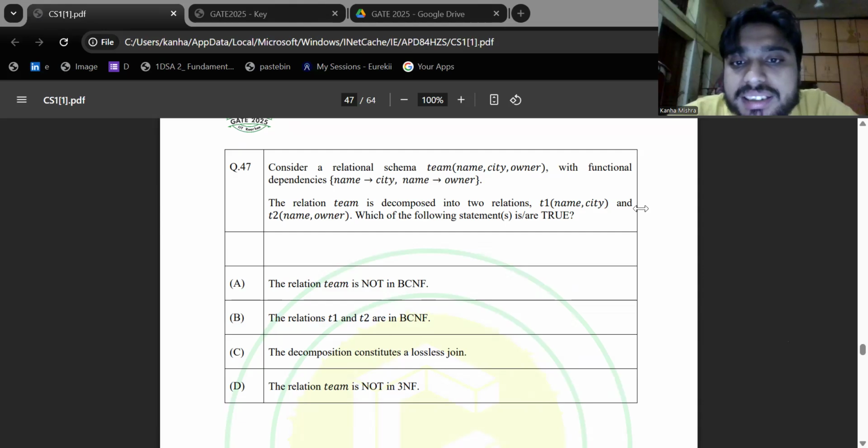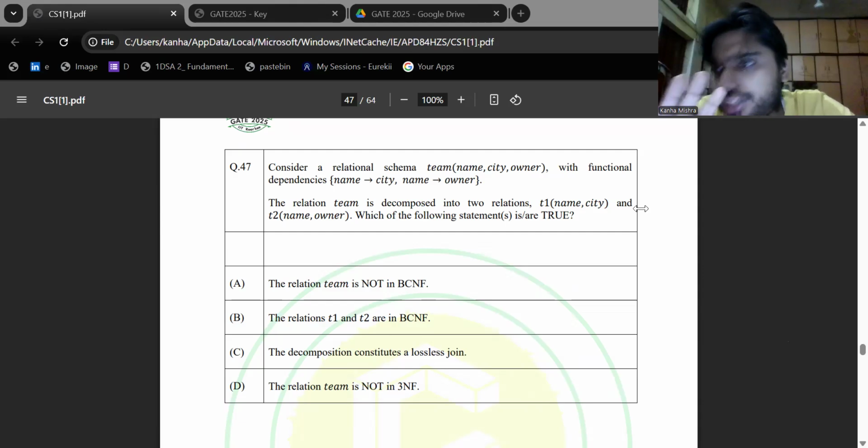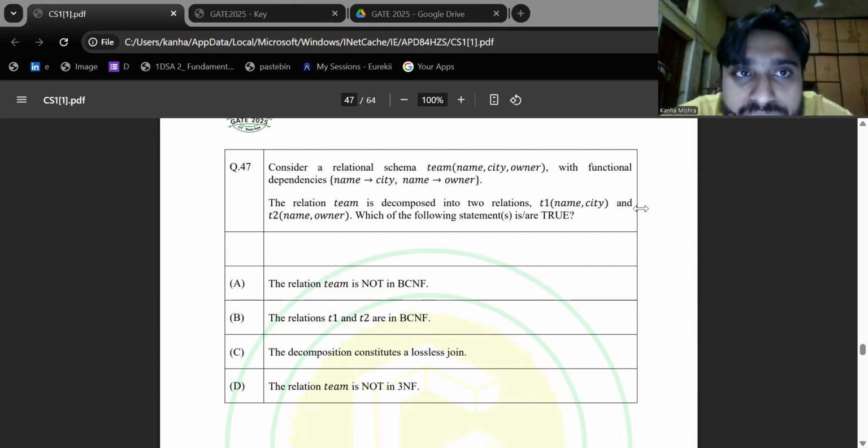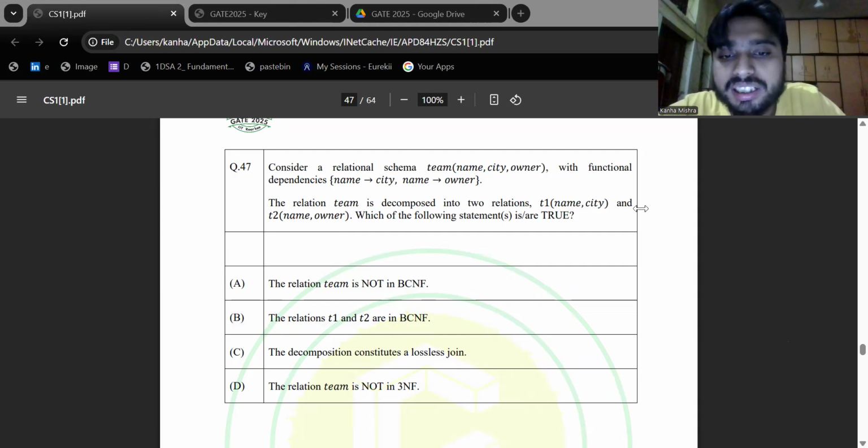Lossless join decomposition. We are talking about the options given to us, so whatever concepts we need to know, we are discussing them. A decomposition of R into R1 and R2 is lossless if the common attributes of R1 and R2 form a key in at least one of the relations. Let's see.